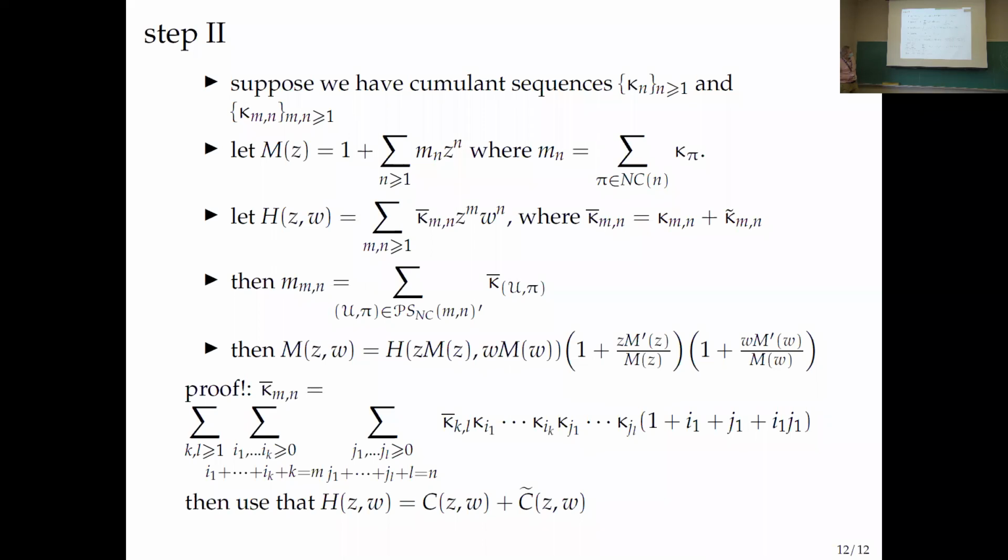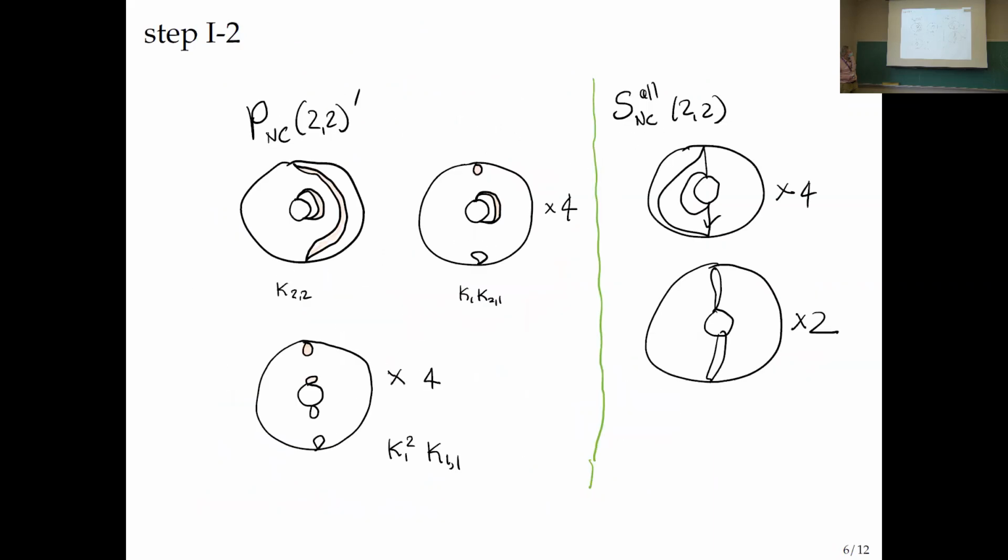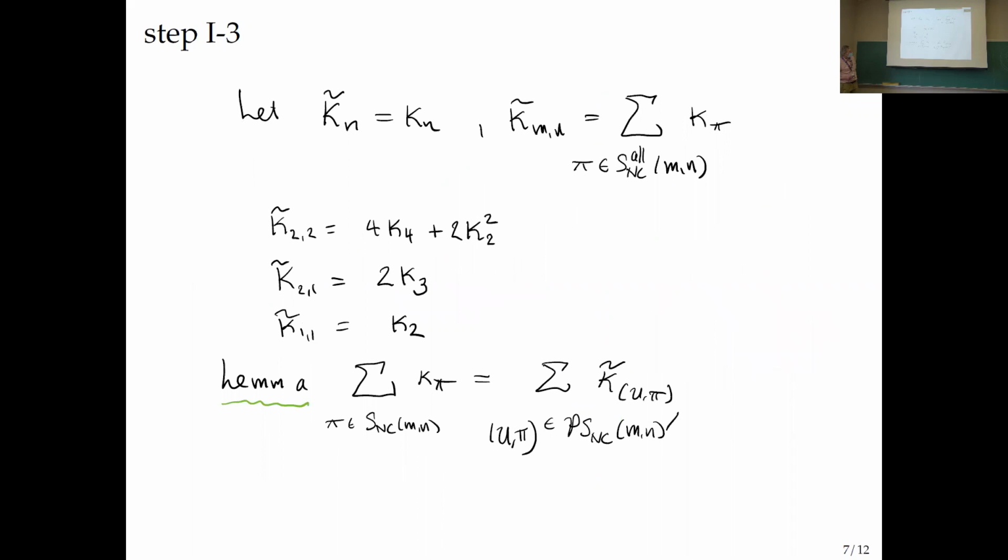Okay, and remember we had that lemma, that summing the real ones over these guys is the same as summing the phony ones over the ones where there's two pieces. And these guys are easy to parameterize. So that's the step here, is that I can parameterize these things because I can easily do the ones on one circle and I can do the ones on the other circle and I can just stick them together.